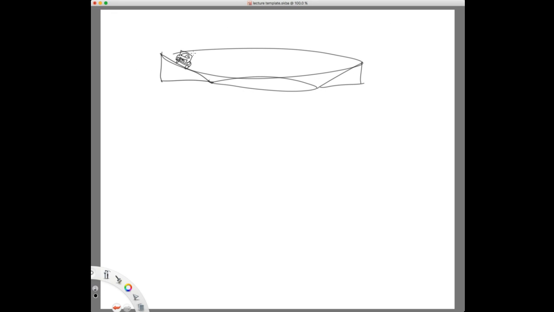Anyway, it's going around the track, and the track has some radius. What I'd like to do is figure out a formula for the velocity at which the car can go around this track without friction. I'm only doing that to make it simple. Then after we see how that works, we'll add friction in.